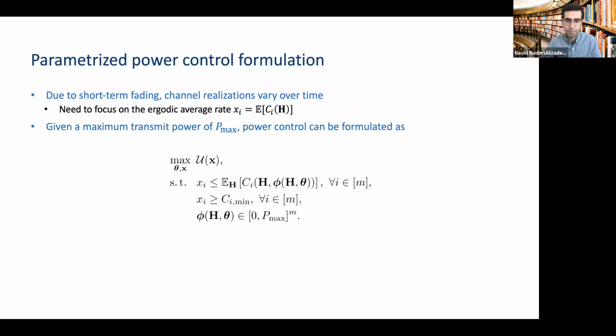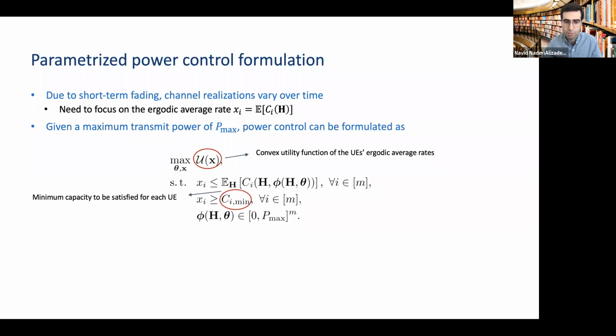And because of that, we have this formulation for the power control problem. We have as our objective function a convex utility function of the UEs' ergodic average rates, U of x. And basically each x_i is going to give you the rate that user i is getting on average over time.